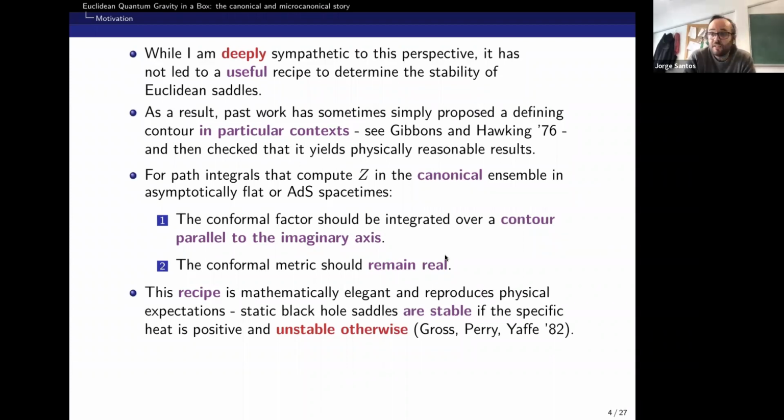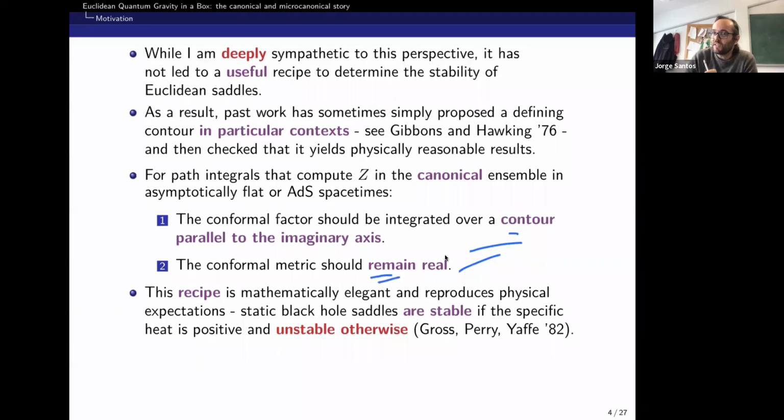And in fact, this is exactly what happens following this prescription. If you follow this prescription, you will find that the Schwarzschild black hole, not the AdS black hole, is unstable, as it has a negative mode. So the conformal factor is okay. That guy never diverges, but the conformal metric, what remains there, still has a negative mode.